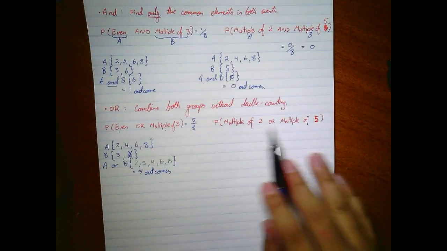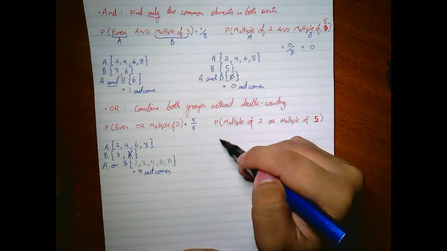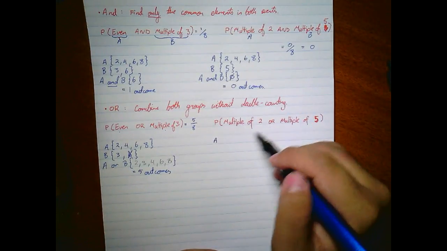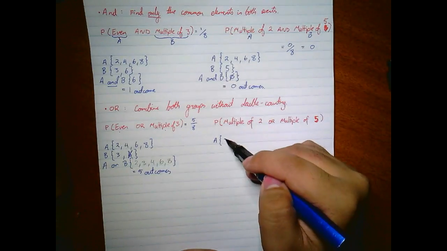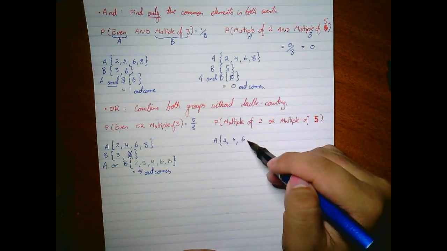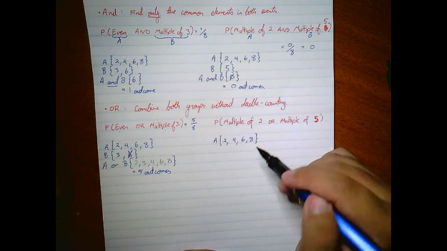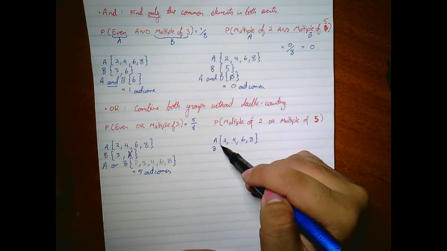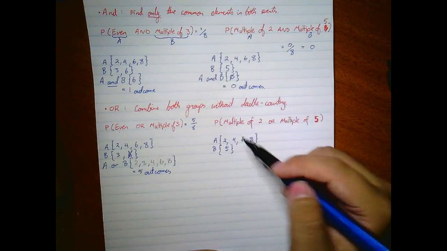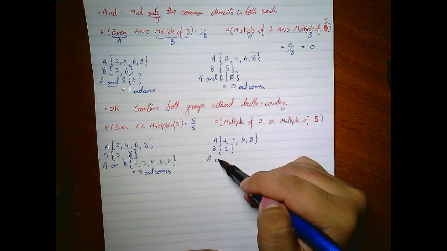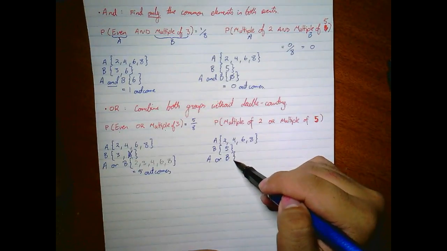So again we have A and B. We'll go with A first. Multiple of 2 is 2, 4, 6, or 8. The multiple of 5, where there's only 5. And this time we're going to combine both of them, A or B.